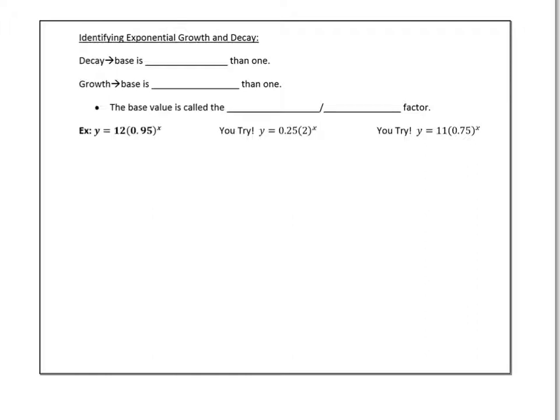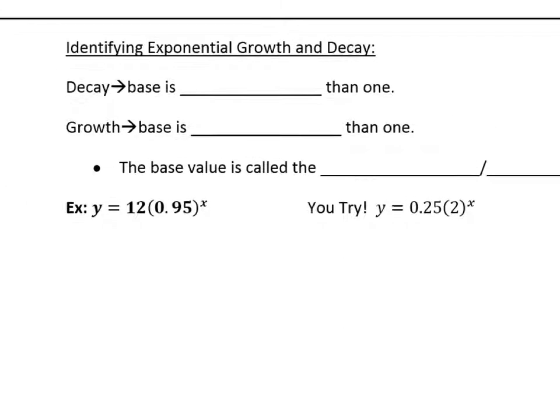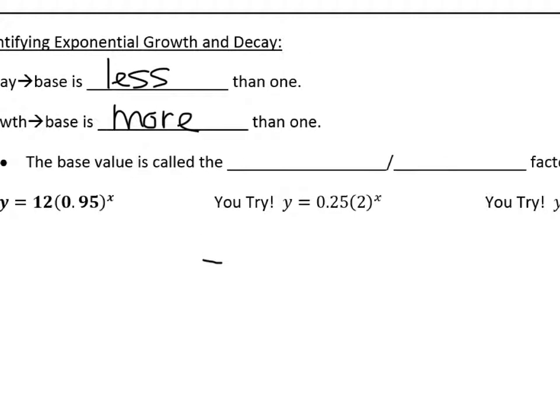To identify exponential growth and decay, you're looking at the base. If the base is less than 1, then we have decay. And if the base is more than 1, we have growth. Now, we have to make sure you label the actual base correct. The base value is called the growth/decay factor.